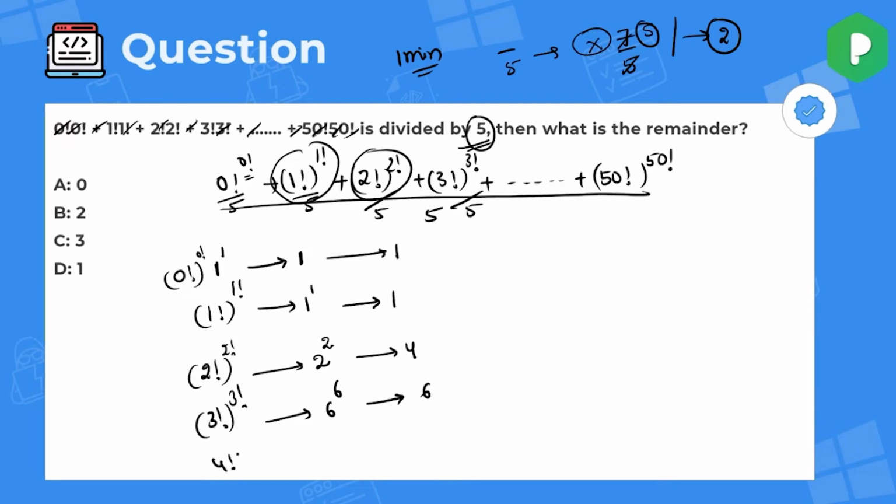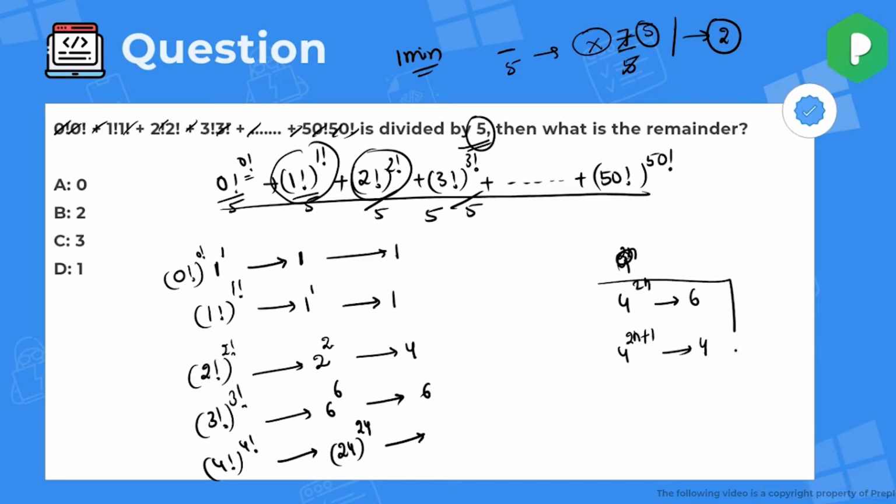And 4 factorial whole power 4 factorial. 4 factorial is nothing but 24, right? Power 24. 4 power 2n, that is 4 to an even power, always gives you the unit digit 6. 4 power 2n plus 1, that is 4 to an odd power, always gives you 4 as the unit digit.